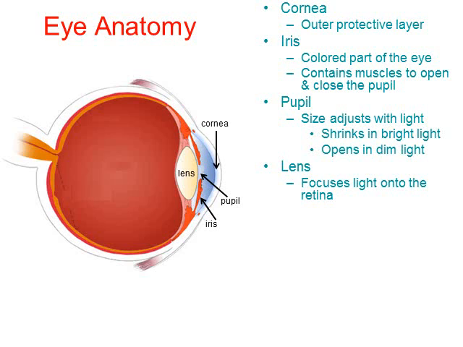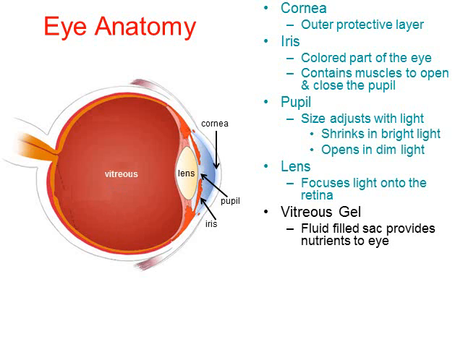The lens acts like a magnifier, and so when light passes through the lens, the light is magnified and you're able to see objects a little bigger. So the lens acts as a magnifier. It also helps to focus light onto the back of the eye, which we'll learn is called the retina.